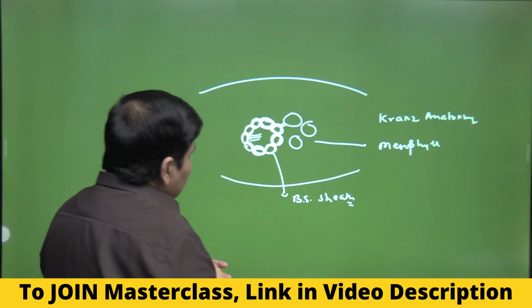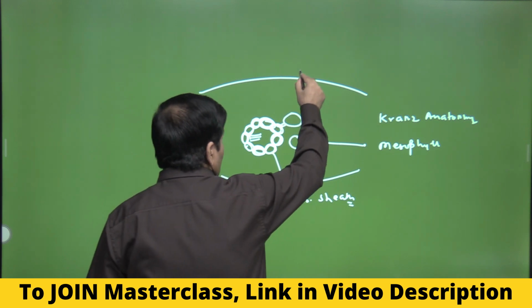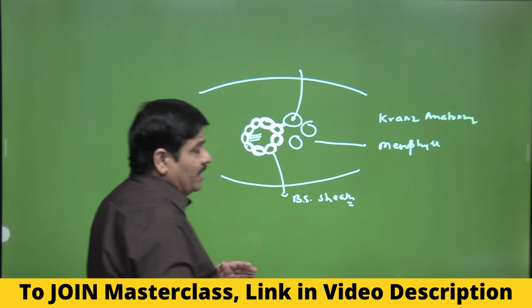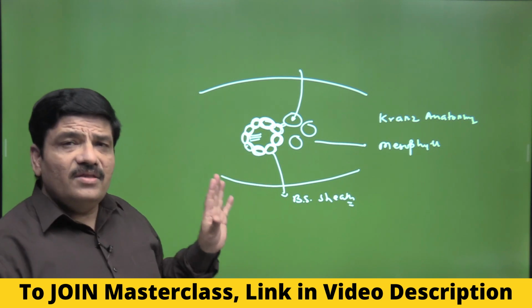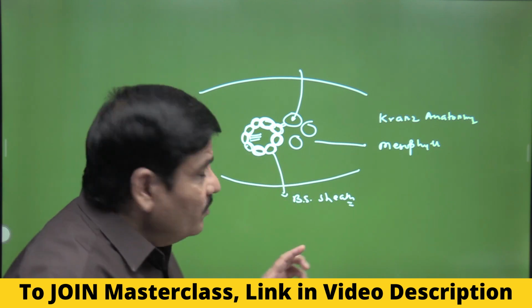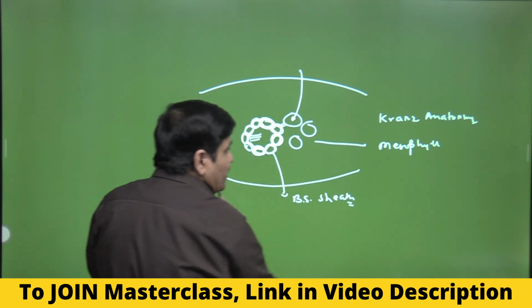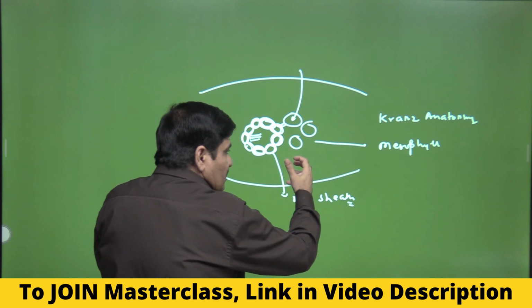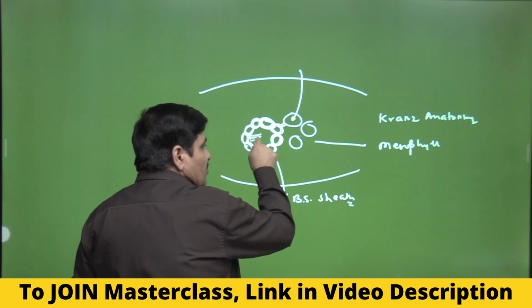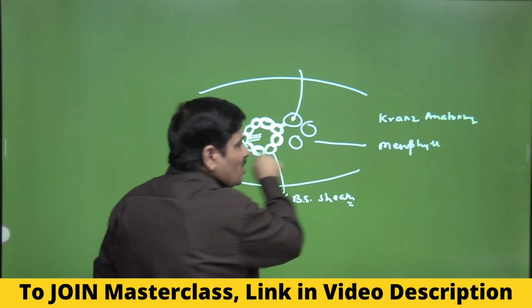Now what happens in a C4 plant is that the initial carbon fixation or carboxylation reaction occurs in the mesophyll cells, and the bundle sheath cells carry out the Calvin cycle. So here they are spatially separated. That means the carbon will be fixed twice, and the Calvin cycle carbon fixation will occur in the bundle sheath cell, not in the mesophyll cell.